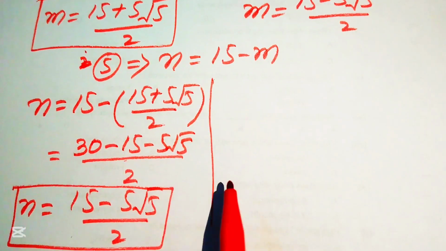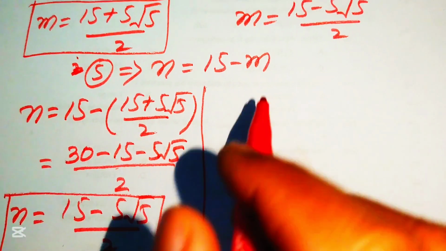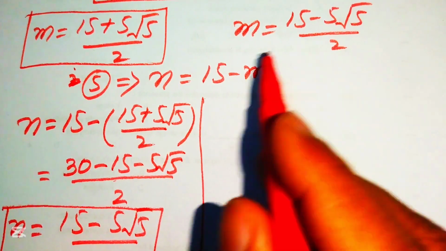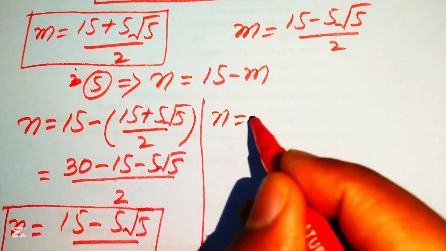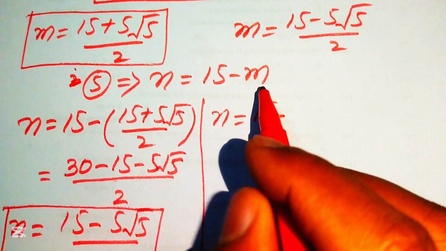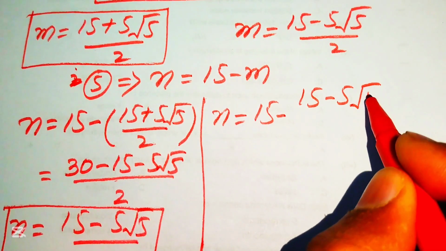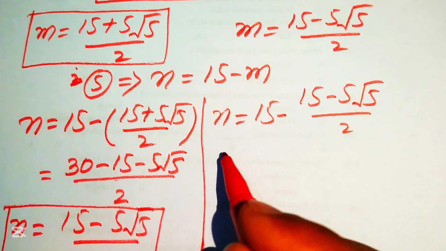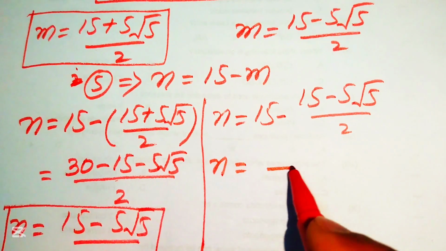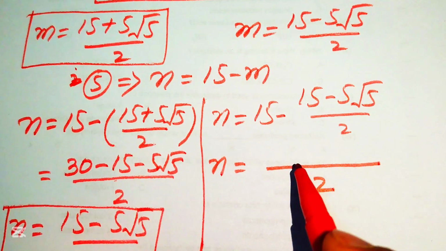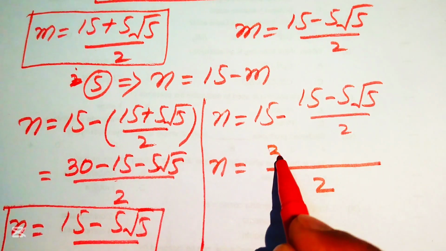Okay, so here we move toward the second case. Here we need to substitute this value of m here, and it becomes n equals 15 minus m. The value of m is 15 minus 5 times square root of 5 divided by 2. So we get n equals, here we take the LCM, and 2 times 15 becomes 30.